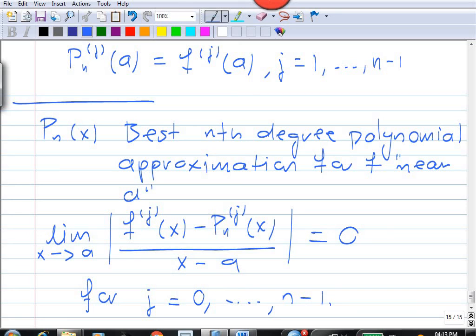So the Taylor polynomial is the best nth degree polynomial approximation for f near a, in the sense that f and all its derivatives up to order n minus 1 are approximated very well by the Taylor polynomial and its derivatives for x near a.